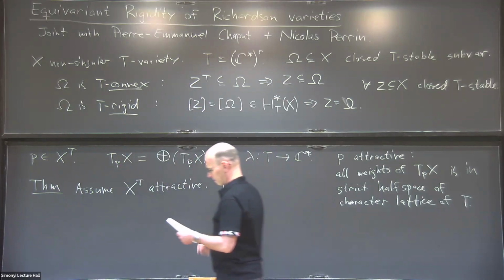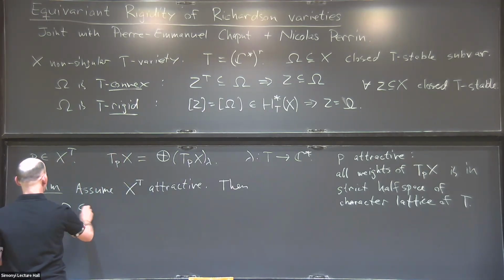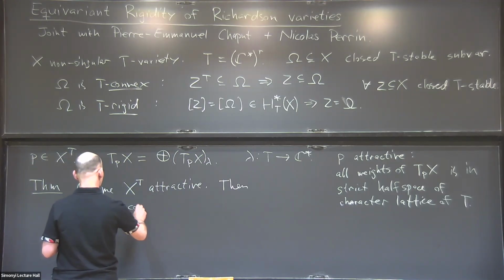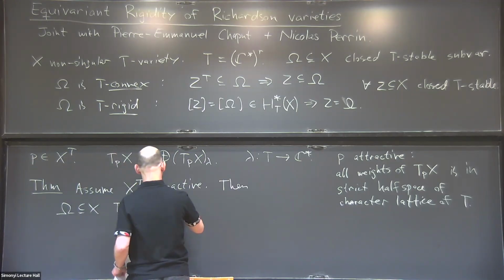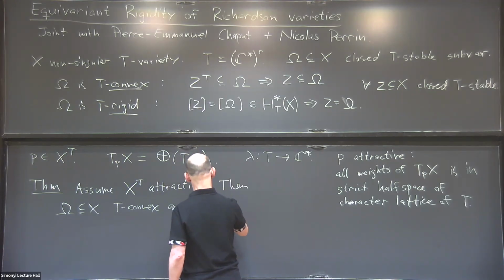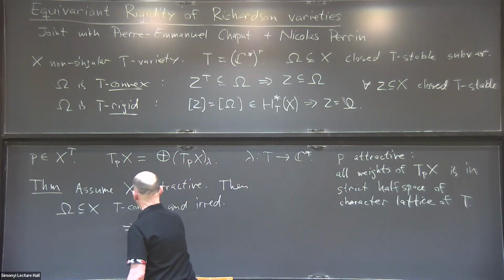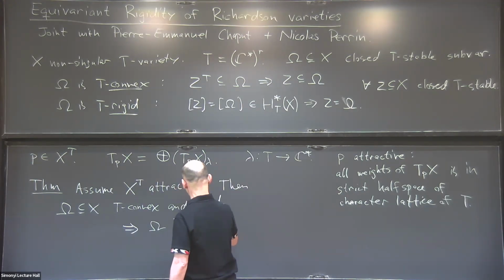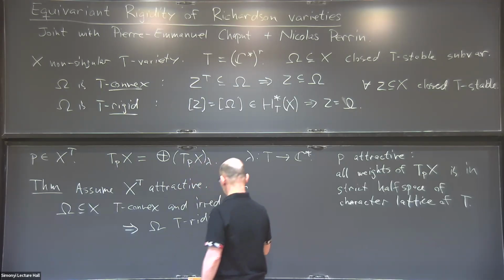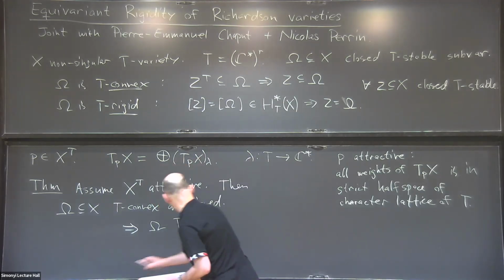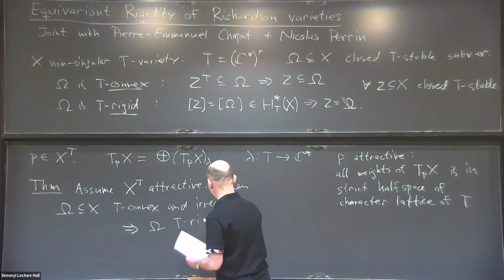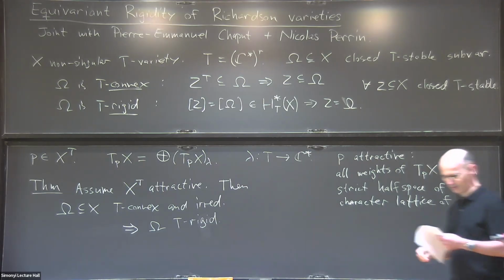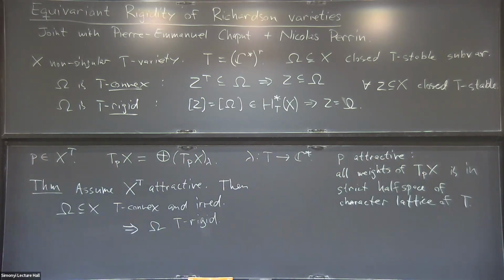Then if Omega in X is T-convex and irreducible, that implies that Omega is also T-rigid. Let me just give the easy argument of this.